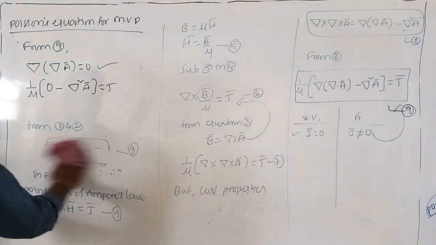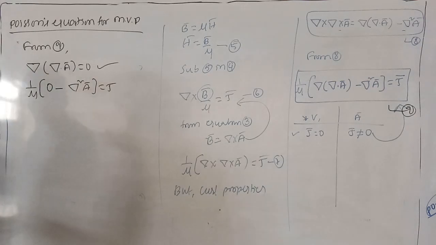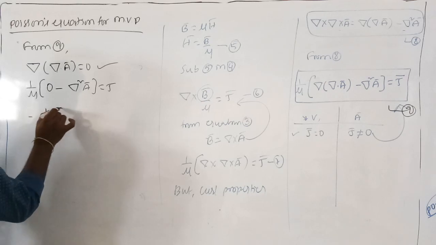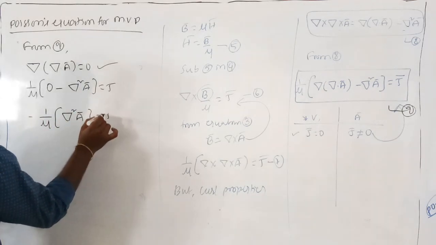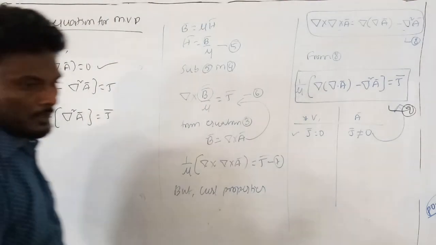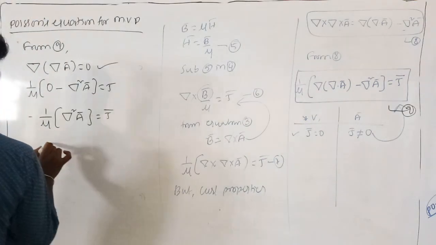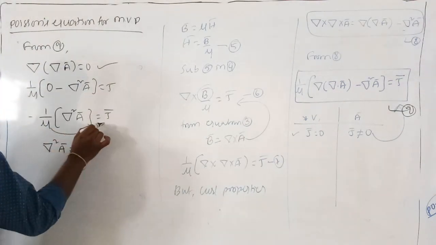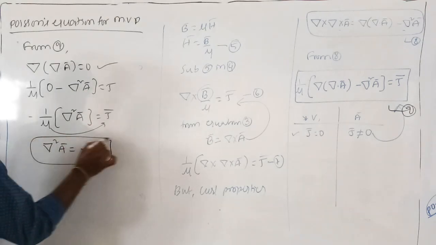So it will be minus 1 by mu times del square A bar equals J bar. Thus del square A bar is equal to, sending mu to the other side, minus mu J bar. This is the Poisson's equation for magnetic vector potential.